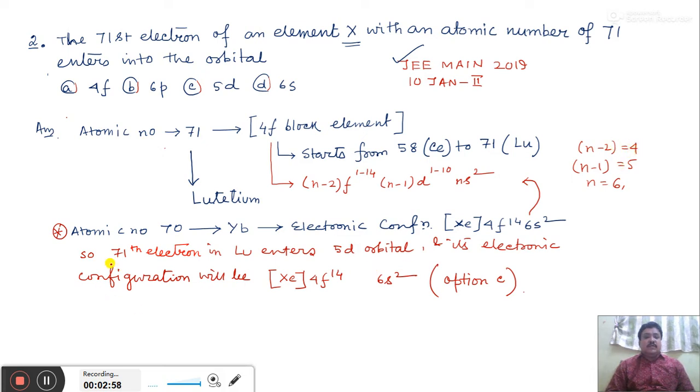Now the 71st electron in lutetium enters the 5d orbital, and its complete electronic configuration will be xenon core 4f14 5d1 6s2. So option C is the correct one.